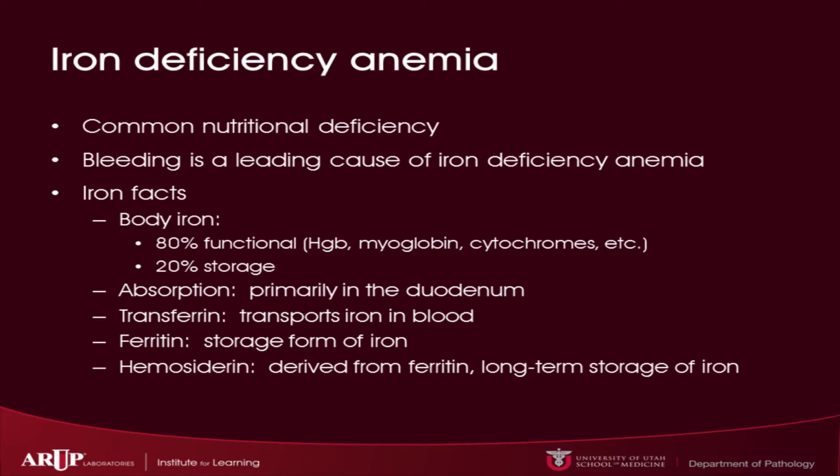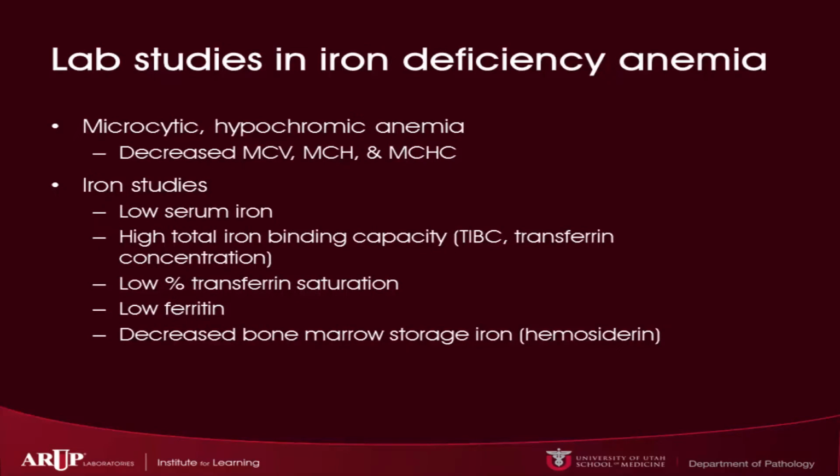So if we are trying to establish a diagnosis of iron deficiency anemia, the common parameters would be iron studies, starting with serum iron. Low serum iron basically defines iron deficiency anemia, but low serum iron can also be seen in anemia of chronic disorder, which is also one of the commonest causes of microcytic anemia.